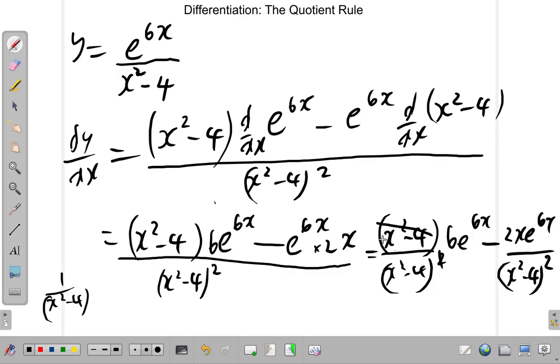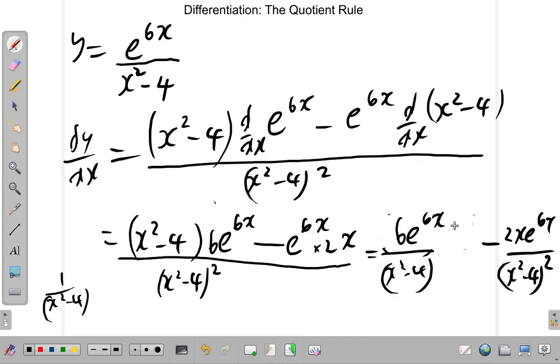This would cancel, and you would end up with this, right? 6e to the 6x over x squared minus 4. So whichever way you want to finish it off.